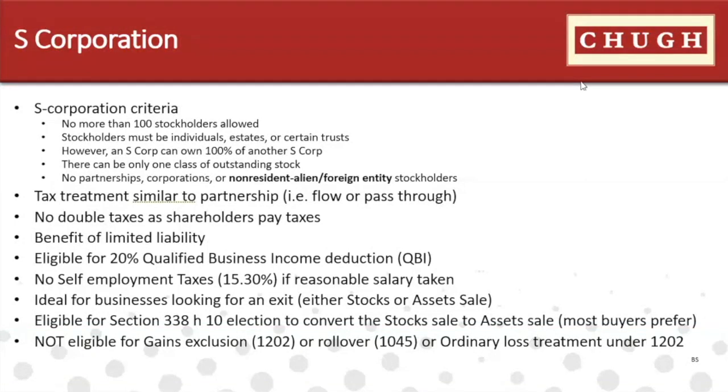Correct. The next type of corporation is called an S corporation. The criteria for being an S corporation is that it cannot have more than 100 shareholders. The allowed shareholders are individuals, estates, and trusts, which means a C corporation cannot be a shareholder in an S corporation.